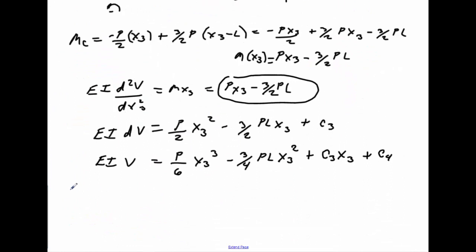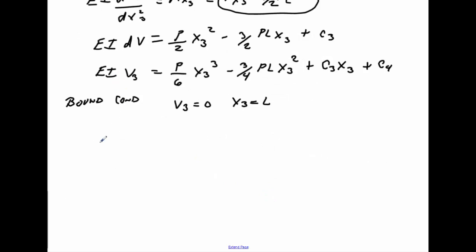So our boundary condition would be this: V3 is equal to 0 when x3 is equal to L. That's the only boundary condition that we have. So let's see if we can simplify something.